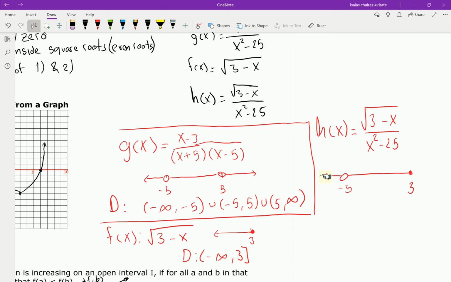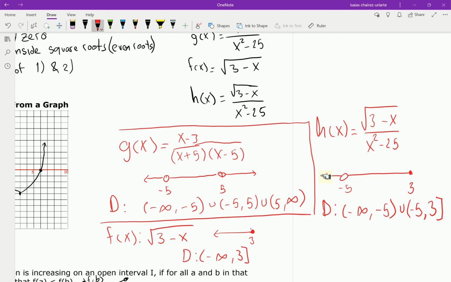So I'm going to say here that the domain for h of x is negative infinity to negative 5 with a parenthesis, union, parenthesis negative 5 to 3, bracket. That's the domain for the function h of x.